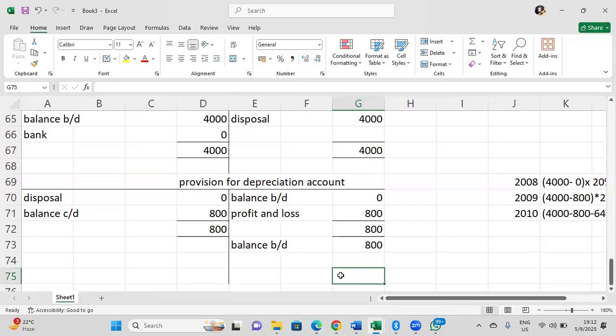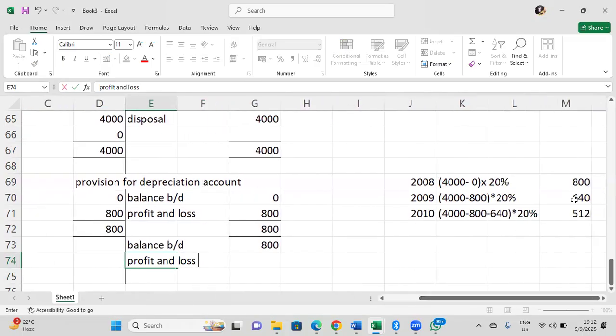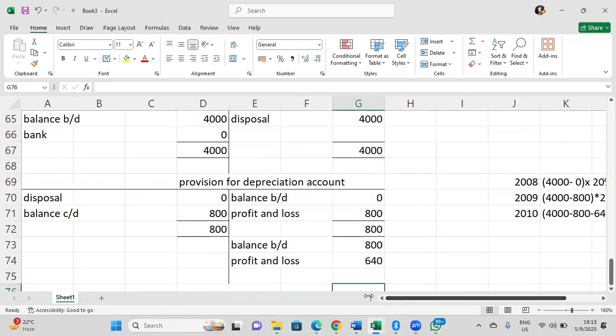In 2009, the profit and loss figure is the depreciation for that year, which is 640.